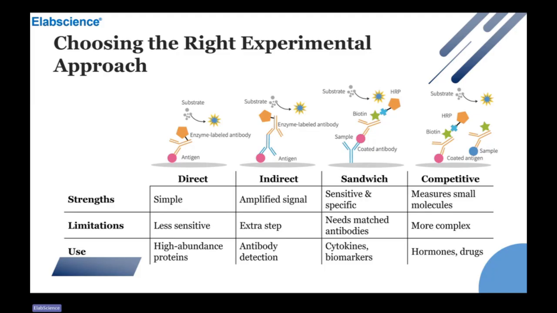If we talk about the sandwich ELISA, this is highly sensitive and specifically ideal for the accurate measurement of low abundance proteins and complex samples. So mostly in practice, sandwich ELISA is the method which is basically in practice.